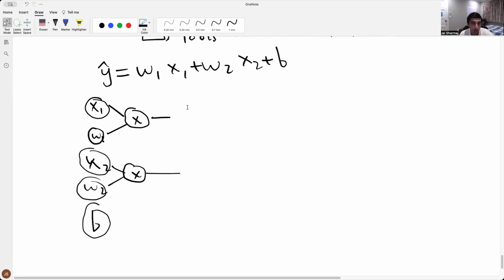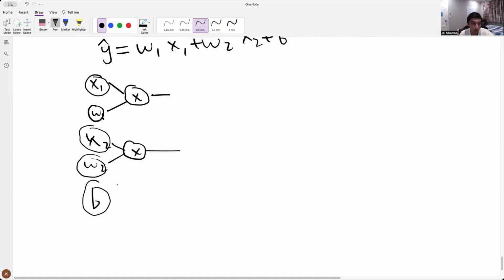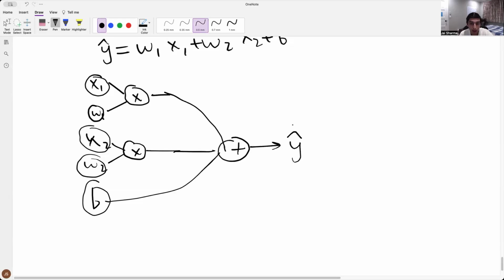So you also have a b, which is at the end, and then you took these three, you put them together, and then there's an add function here. And then you get y hat.